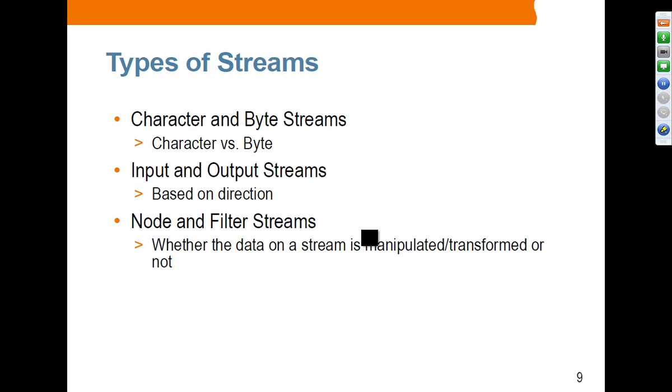That is the distinction based on direction. And then the third is something I actually mentioned already: whether data on a stream is manipulated or not. If it is being manipulated or transformed, it is called a filter stream, while if it is not being manipulated or transformed, then it is a node stream. So you can use these three different categories to distinguish the types of streams.